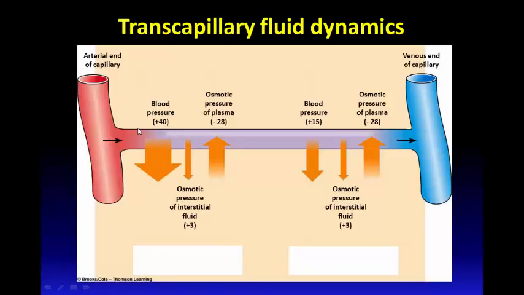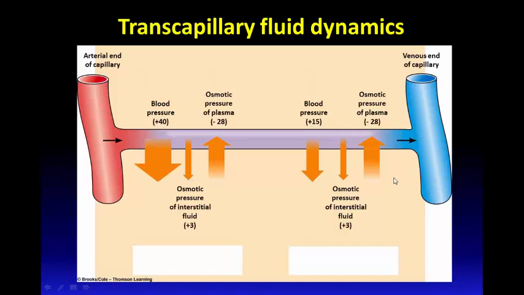The capillary hydrostatic pressure is the major force favoring filtration, and it has a value of approximately 40 millimeters of mercury at the arteriolar end of the capillary. It decreases as blood moves through the capillary, and its value is approximately 15 millimeters of mercury at the venular end.